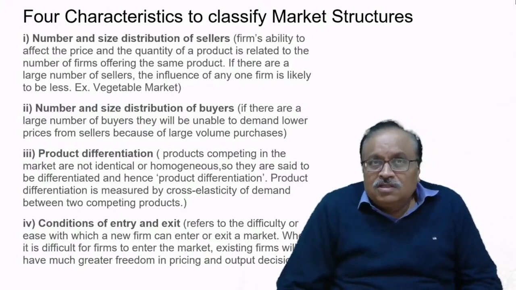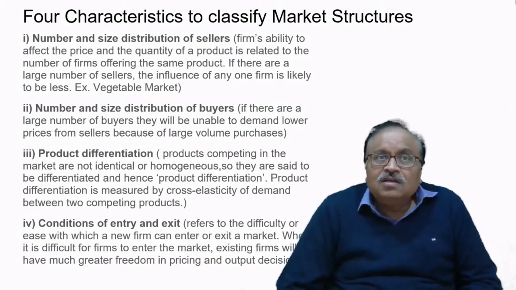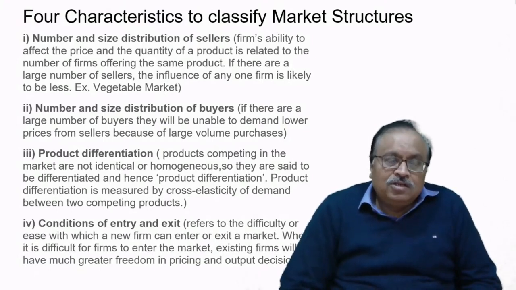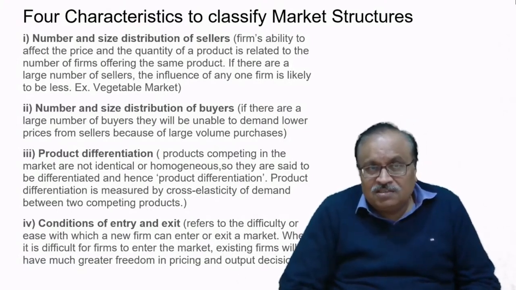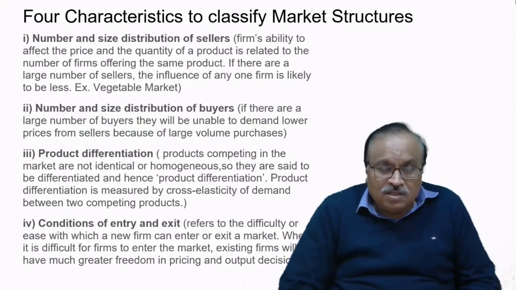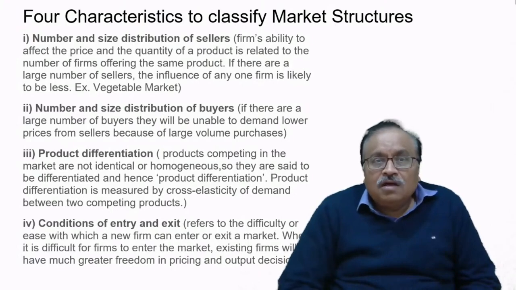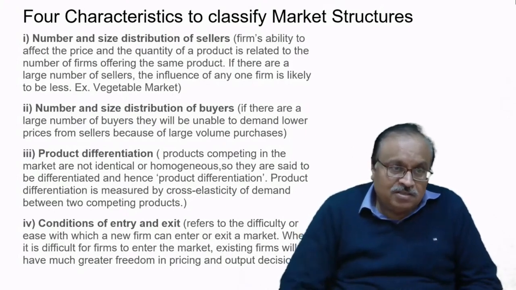The individual firm does not command the price, because if they change the price to a higher level, the demand will be less. So whenever the number and size of sellers are more for the same product, this becomes an important characteristic of a market structure.